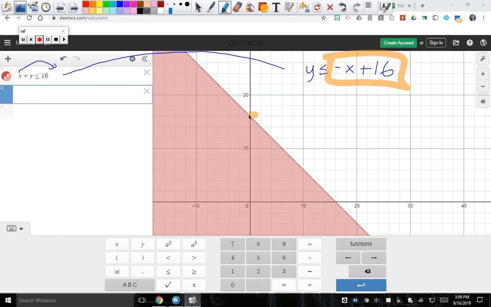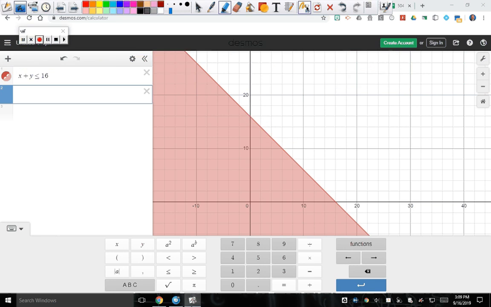Notice the y-intercept is at 16, and notice that the rise over run is a -1. Finally, notice that I graphed and shaded everything that was below or equal to that line. Are we good? Any questions? Okay, so let's keep going.